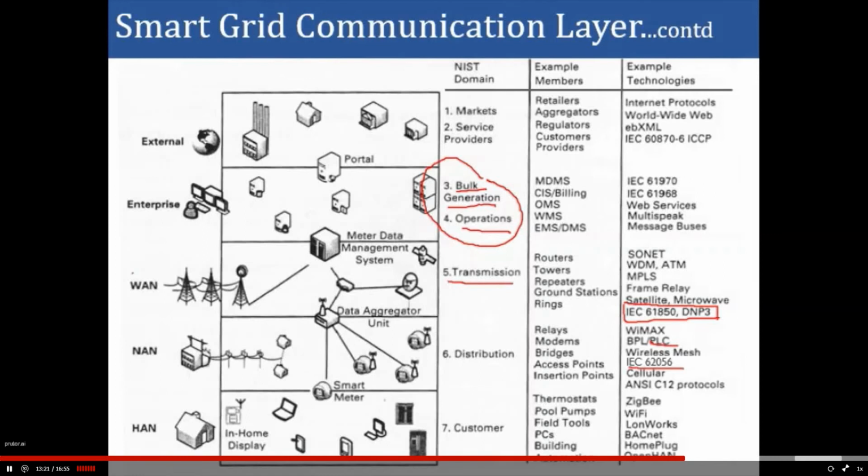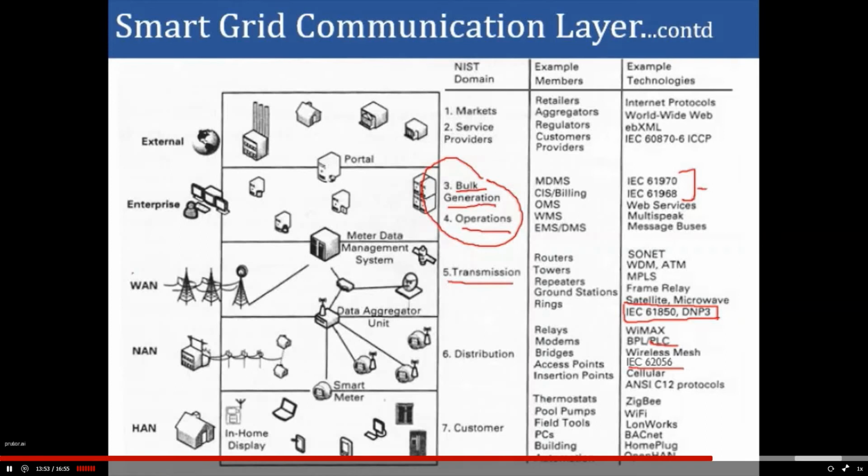Here we utilize mostly the IEC 61970 and 61968 protocols. We will discuss them in detail because these are the most utilized standards for data communication in the power system network. Other solutions are web services, which are utilized for sharing data among various enterprise applications.